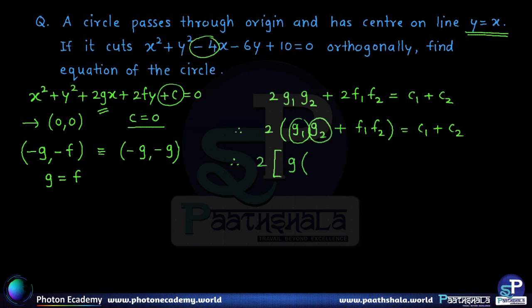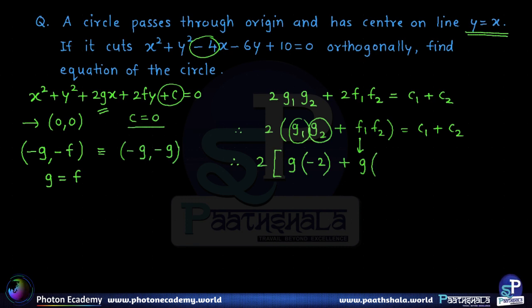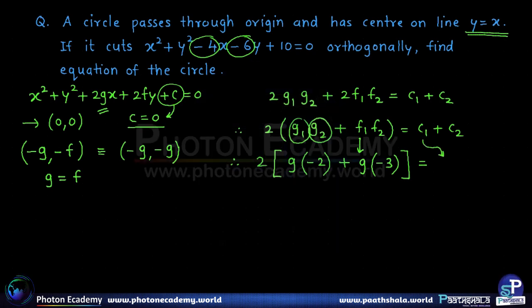The second circle has x coefficient as minus 4, so its g term will be half of that, that is minus 2, plus once again f1 is the f of the first circle, but since that is equal to g, we can write it as g only. And f2 is the f term of the second circle. Since coefficient of y is minus 6, the f here turns out to be minus 3, is equal to c1 plus c2. Now c1 is the constant term of the first circle, which we have already found out to be 0, and c2 is the constant term of the second circle, that is 10.